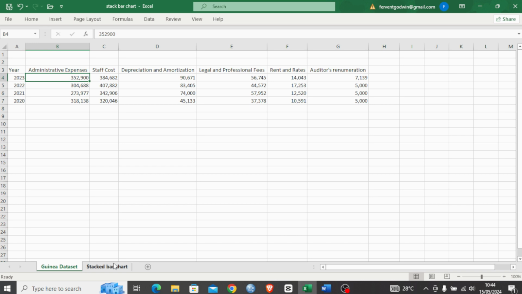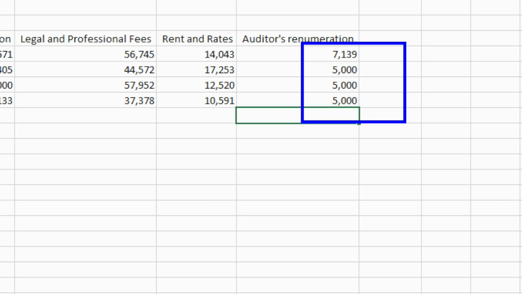So we could see here that for the first 3 years, the auditor's remuneration was the same, until 2023, when it increased by 2,139. So there was an increase in 2023, while the previous 3 years were the same.